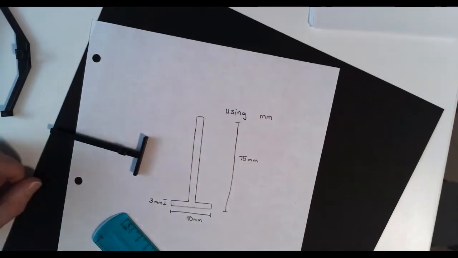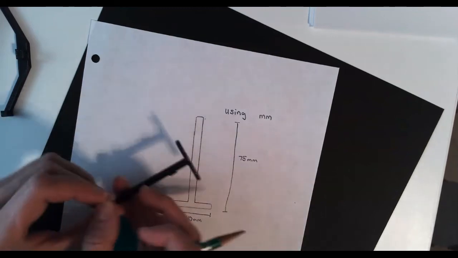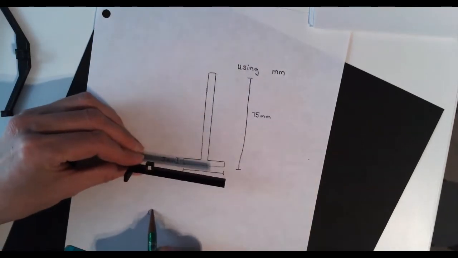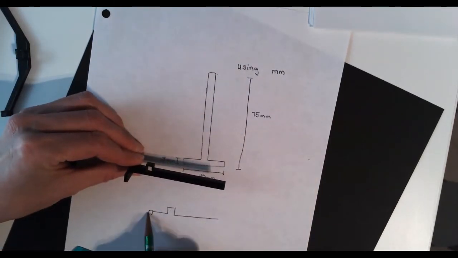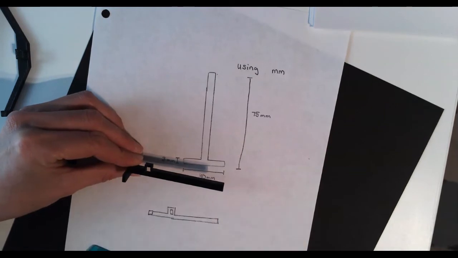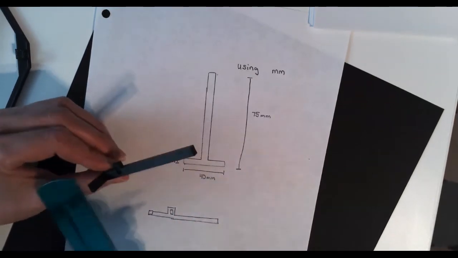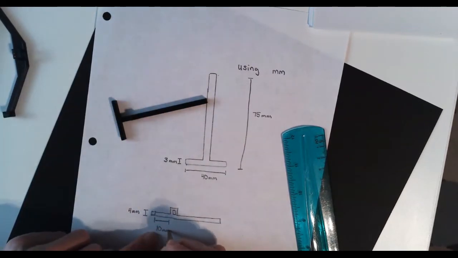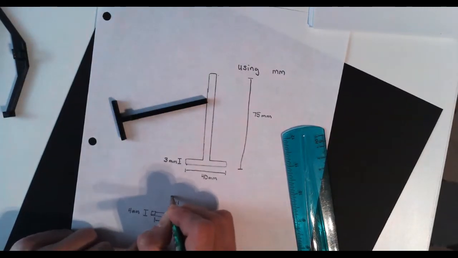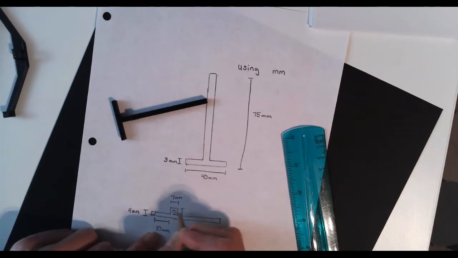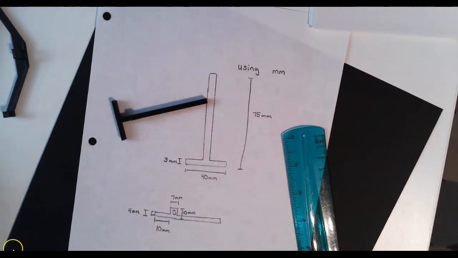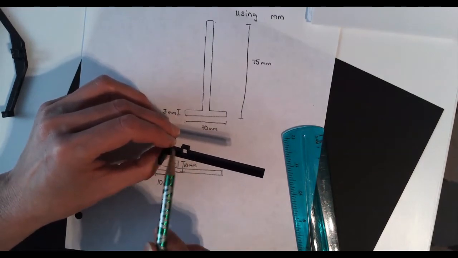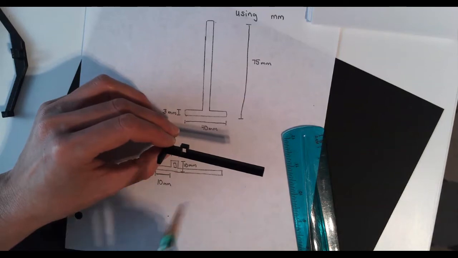Next, draw the side view of the striker. Next, make a close-up diagram of the cutout where the rubber band passes through.